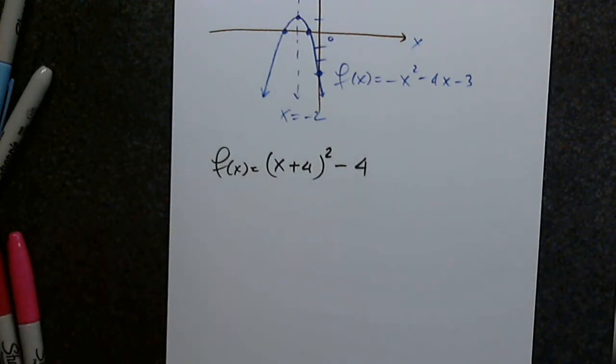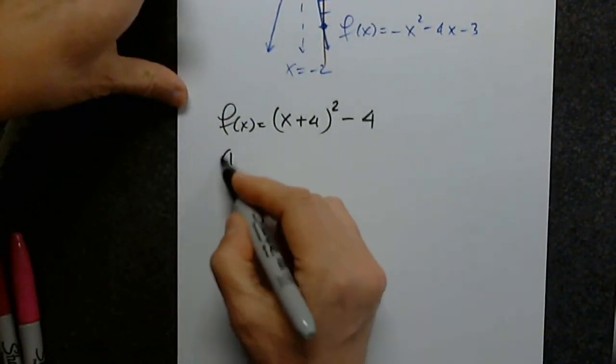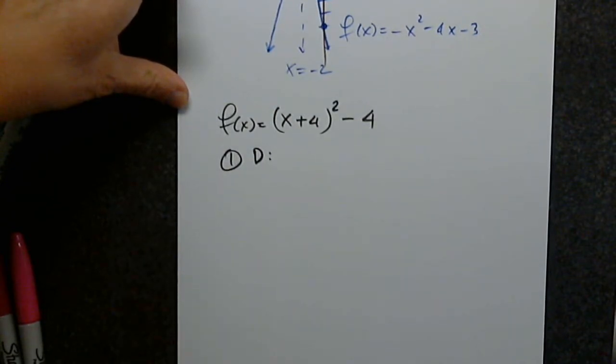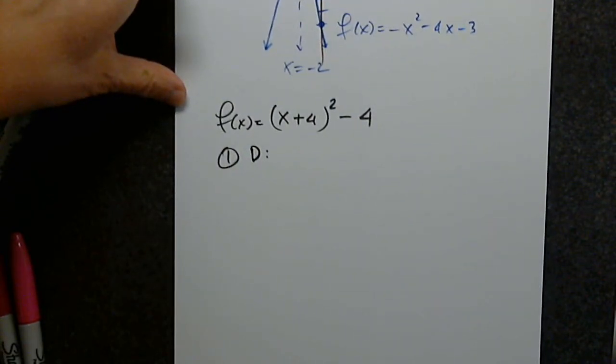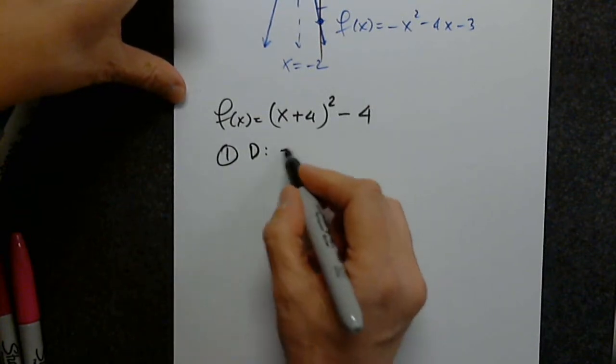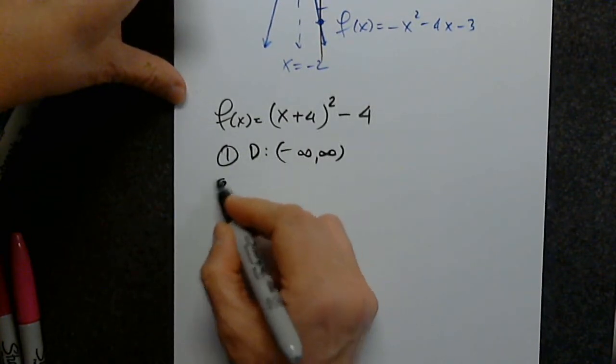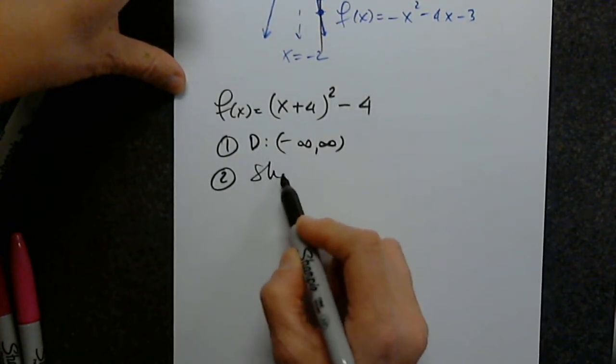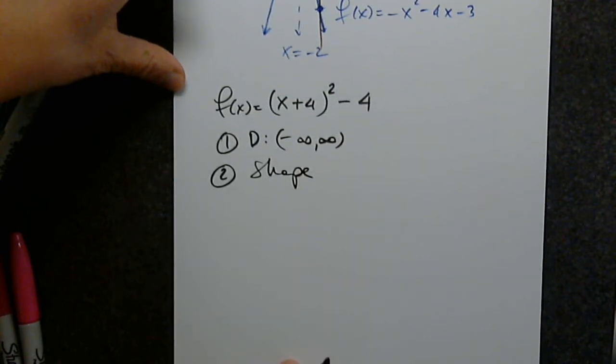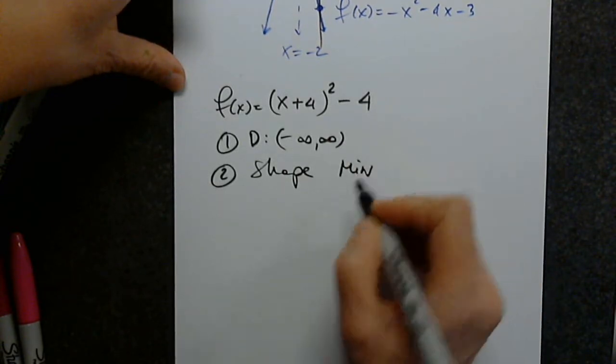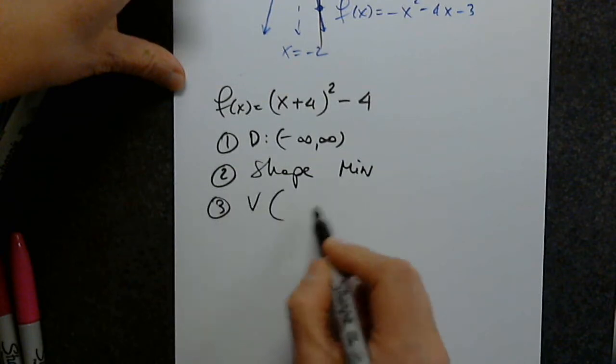So I will still start by writing the domain. Can anyone give us the domain? Of course. In number 2, I need the shape. Minimum, very good. Number 3, the vertex.